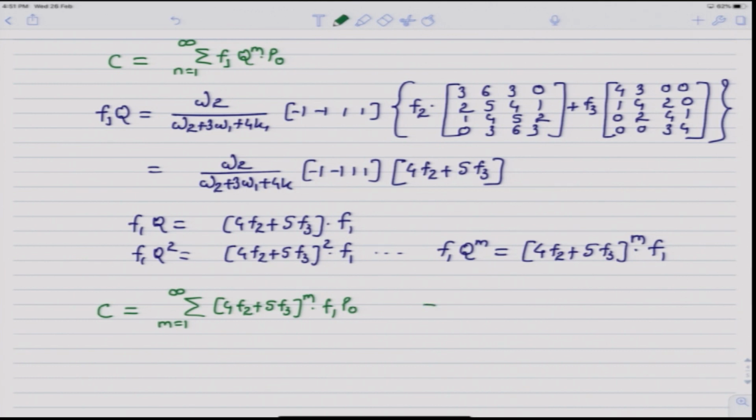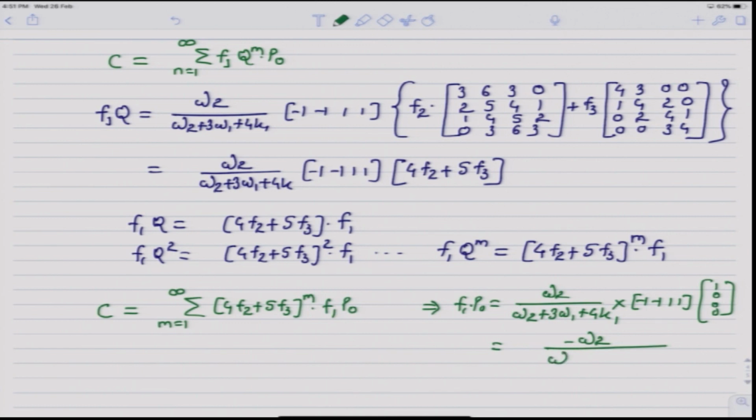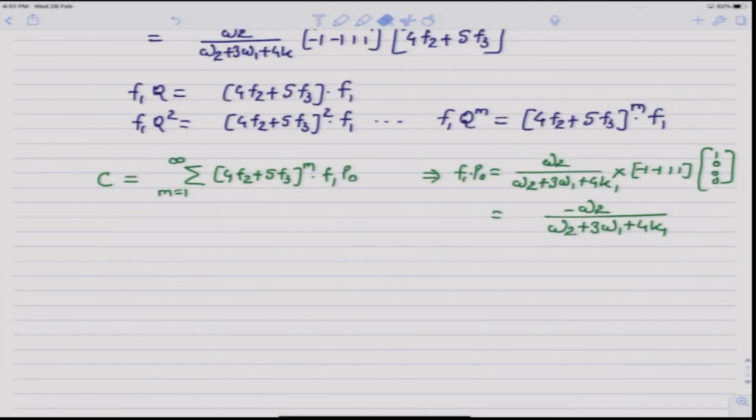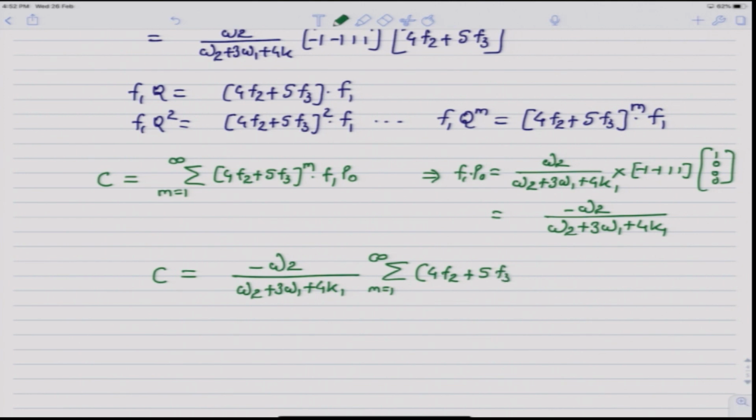and F1 times P0, if we evaluate, this should be omega 2 over... we will get minus omega 2 over omega 2 plus 3 omega 1 plus 4 k1, and we will end up getting C equal to minus omega 2 over omega 2 plus 3 omega 1 plus 4 k1 times summation of (4f2 plus 5f3) to the power m.